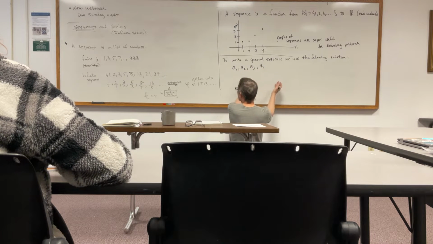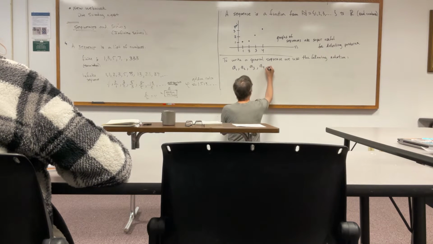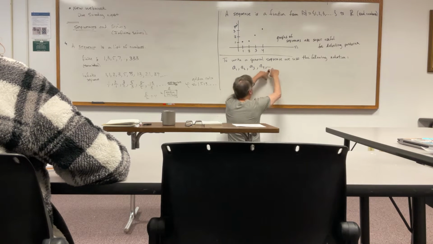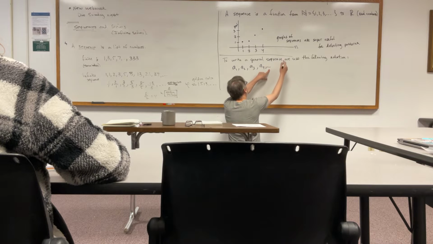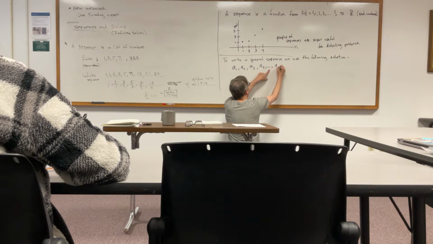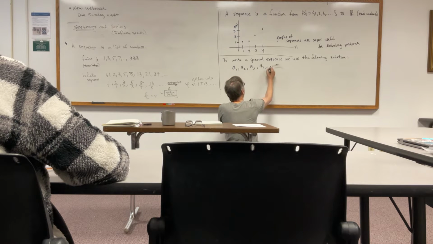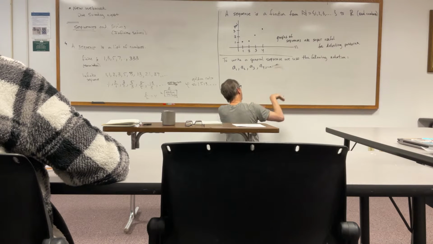So I've got a list of numbers separated by commas. And then I would put comma, dot, dot, dot. If I stop at, say, a sub 100, that's a finite sequence. But for us, mostly we're going to deal with infinite sequences and just use ellipses to indicate ad infinitum, forever. So this is just the list.